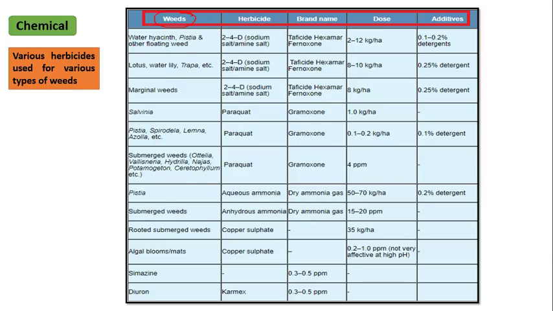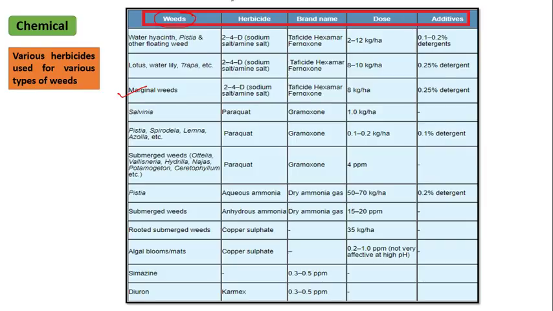Like for example, very casually, water hyacinth, lotus, marginal weeds. There's pistia, azolla, right? There are submerged weeds category. So all these things, just make sure you read them once, because in examination you might get a question that which of the following are unwanted aquatic species found in pond water, right? So you need to be aware of these names at least, so that you can eliminate the options.